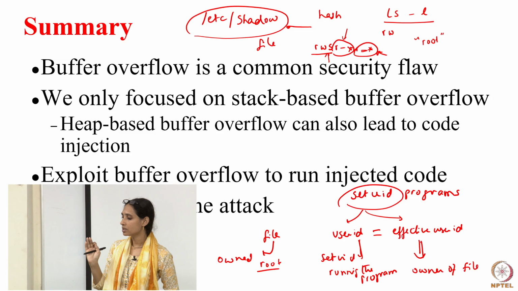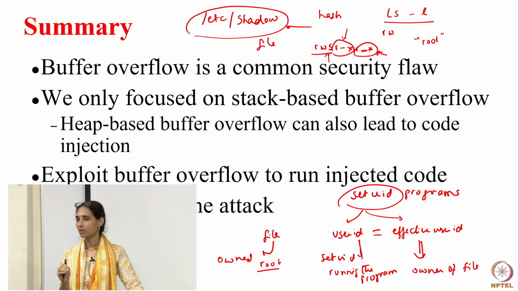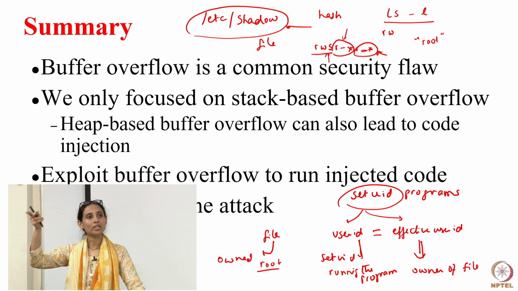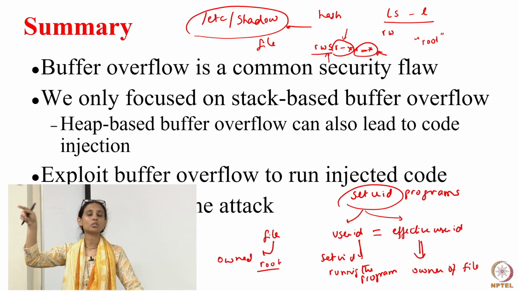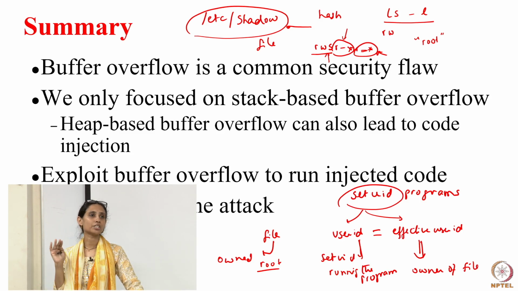Okay, so the context of setuid programs is that if a setuid program has a buffer overflow and you are executing that program, malicious code can run as root, in which case you will get a root shell, and that is how escalations happen.